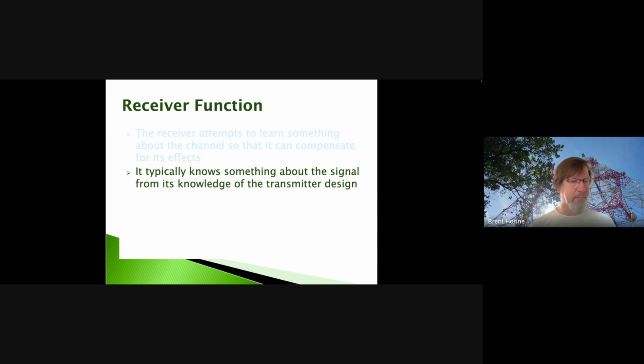So if you're a receiver manufacturer, you know what the waveform is that's being transmitted. You can download or buy the standard if you need to, and it tells you all the structure of that waveform.